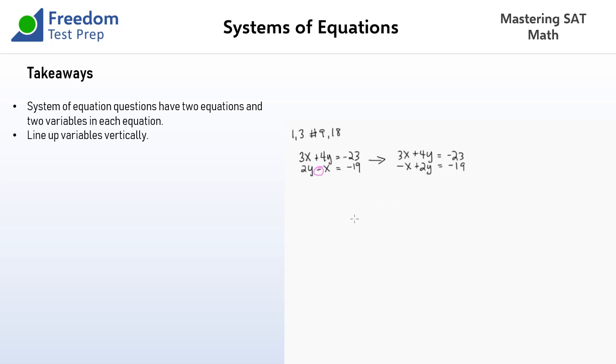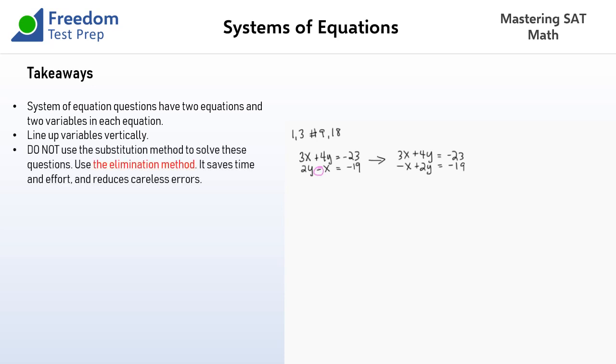Now, the way I like to do system of equations is through what's called the elimination method, which you may remember from school. But there are actually two ways to do this problem. You can use the elimination method, and that's what I am going to show you. You could also just plug in the answer choices. When you have answer choices that look like a set or a coordinate, in this case, this is -5, -2, right?